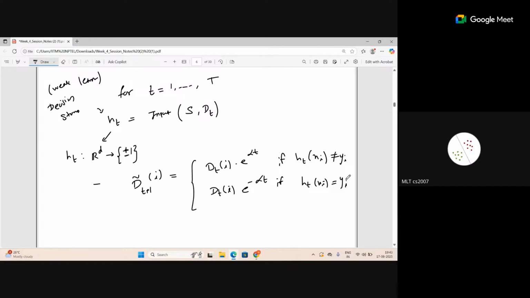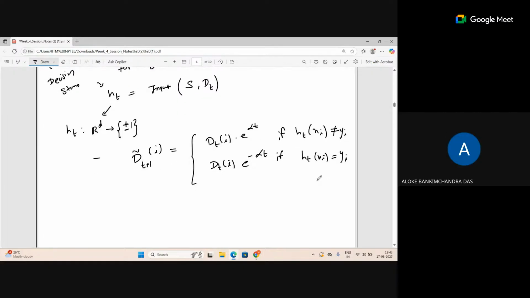What are you trying to do? Where does this exponential function come from? This is an algorithm, right? If alpha t is positive, then e to the alpha t increases the original weight.